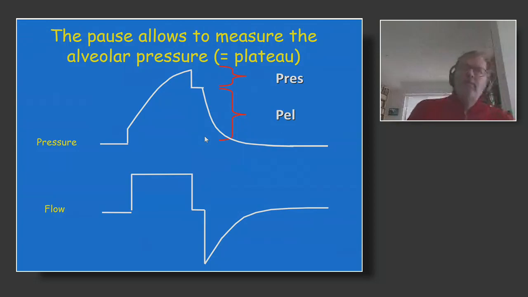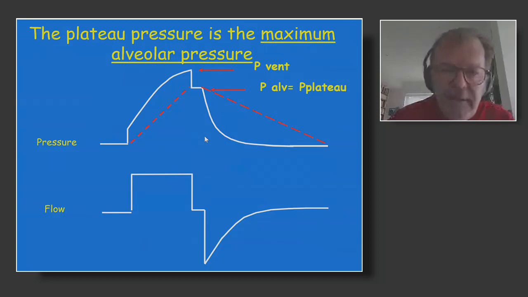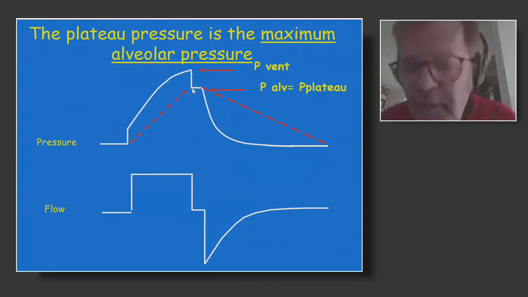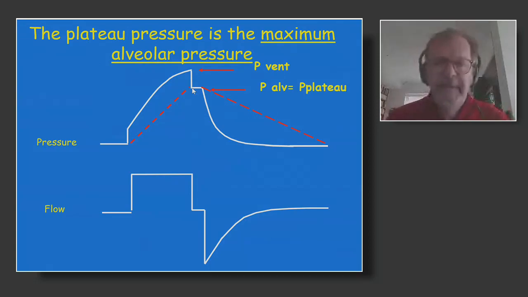So the other clinical parameter which is important is to directly measure this plateau pressure, because this plateau pressure is the pressure in the alveoli at the end of insufflation. And the plateau pressure is another indicator of the risk of ventilation when we ventilate a patient, for instance, with ARDS.